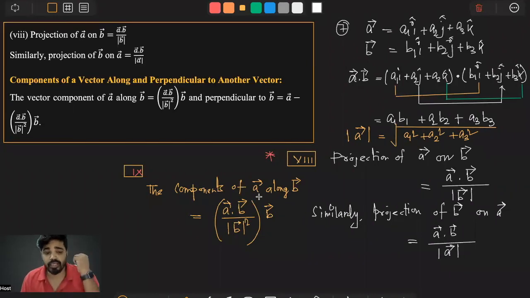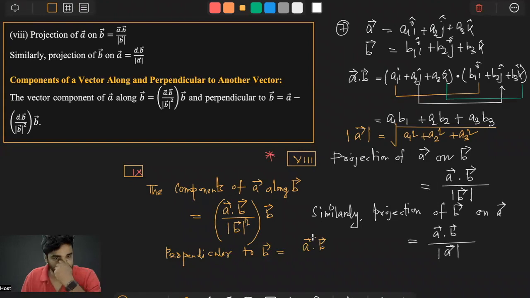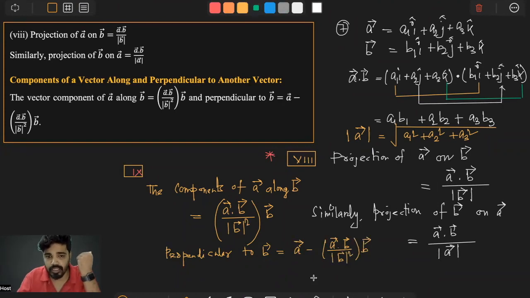And the vector component of a perpendicular to b is a minus a dot b divided by modulus b square b. So these 2 points are very important. Do this star mark. Point number 8 and point number 9, that is very important.